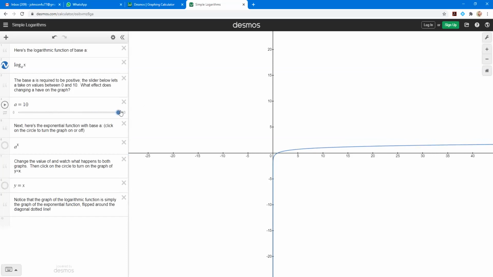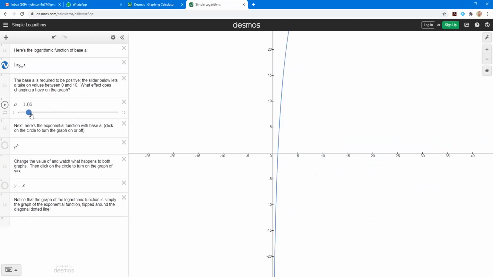See, this is the graph of the logarithmic function. I said the logarithm base should be greater than 1.